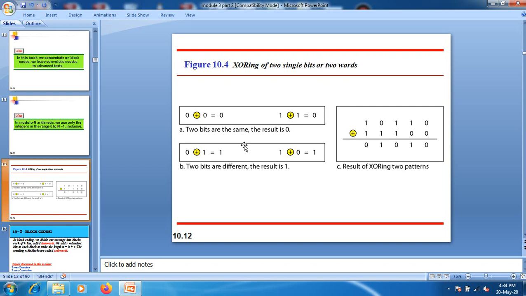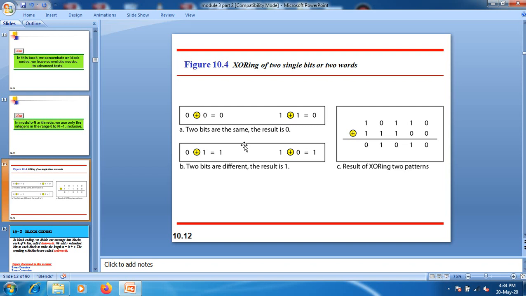Suppose you go through the simple subtraction operation, that is a modulo 2 operation: 0 minus 0 yields 0, 1 minus 0 yields 1, 0 minus 1 yields 1, 1 minus 1 yields 0.